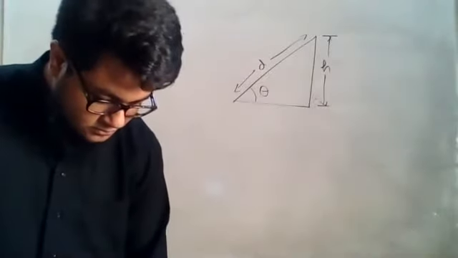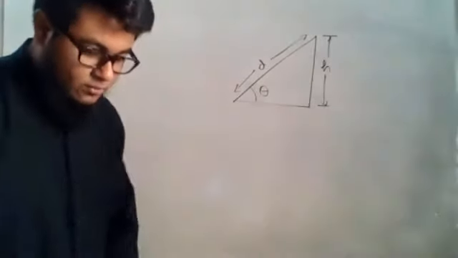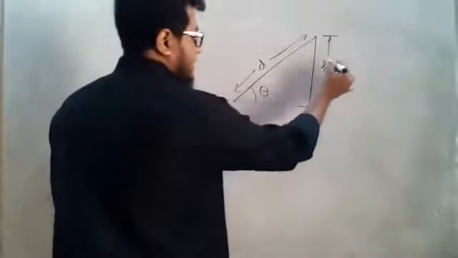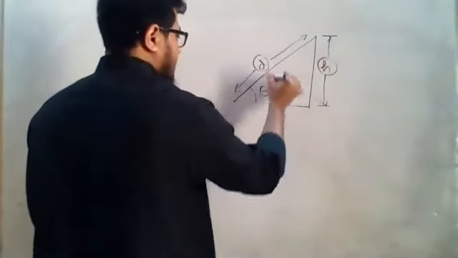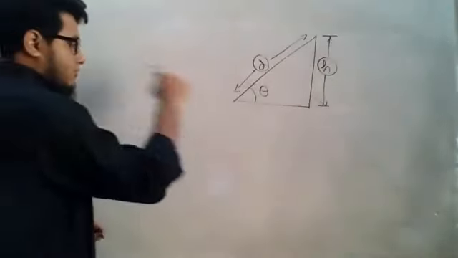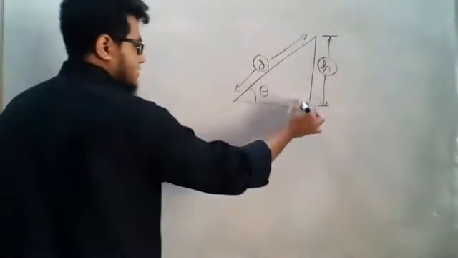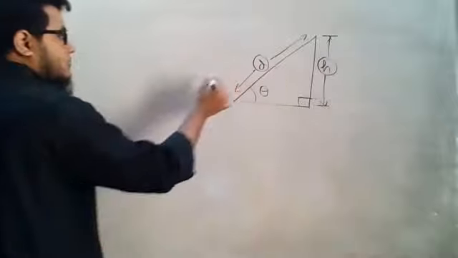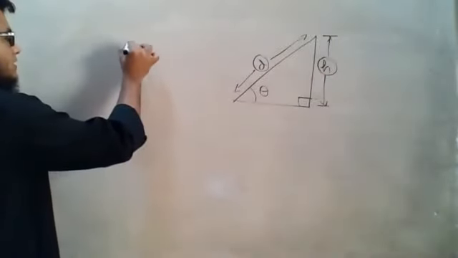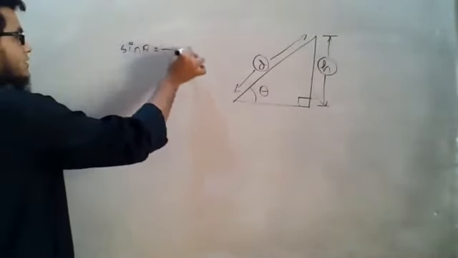Now, if I want to relate this h with this d and theta, then for this theta, this is opposite and this is hypotenuse, right? Because this is 90 degrees, opposite to 90 degrees is the hypotenuse. So opposite by hypotenuse, they can be related by sine theta.